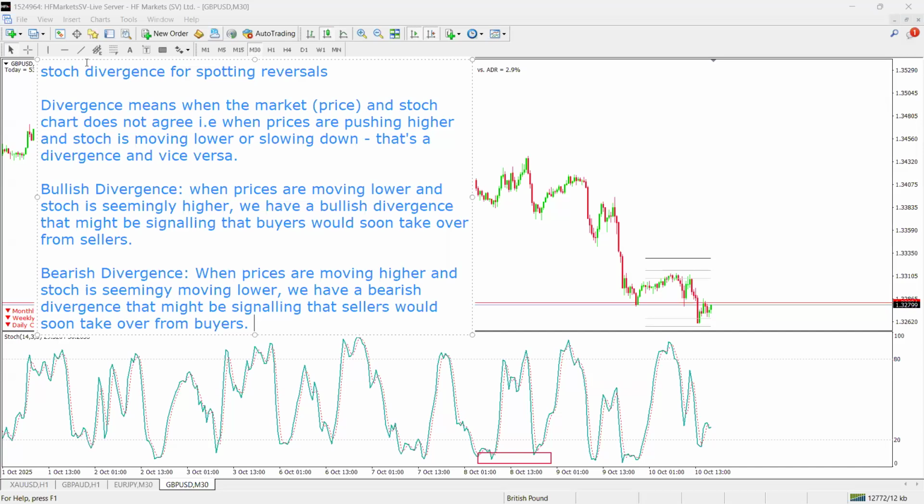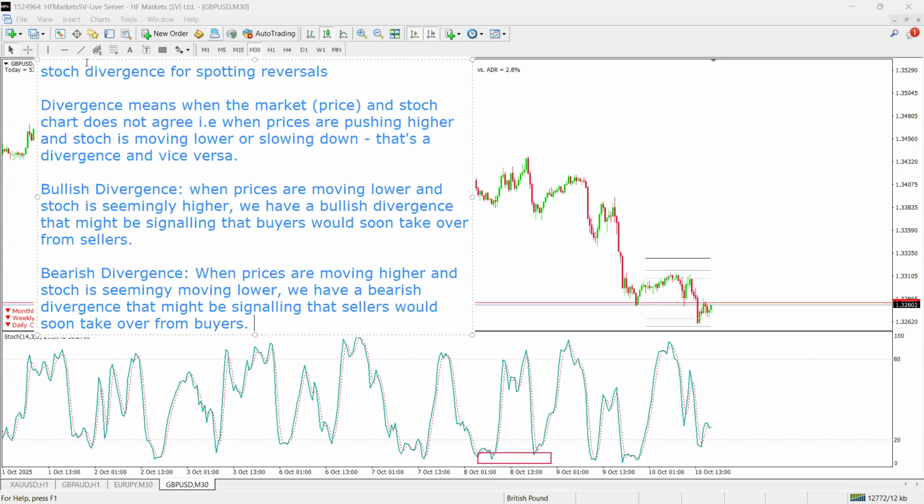But like we also said, the stochastic could also offer reversals, but not every time, not always, not common. It can do that through what we call a divergence. This is where the market is moving in a particular direction and the stochastic is moving opposite to it.